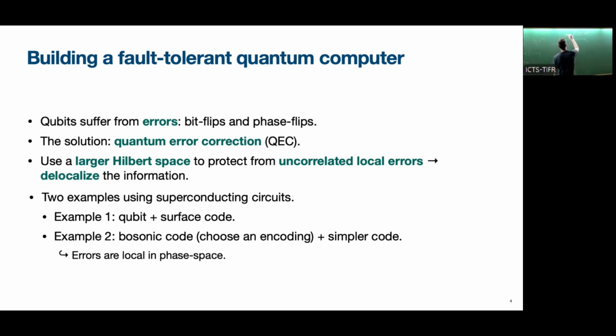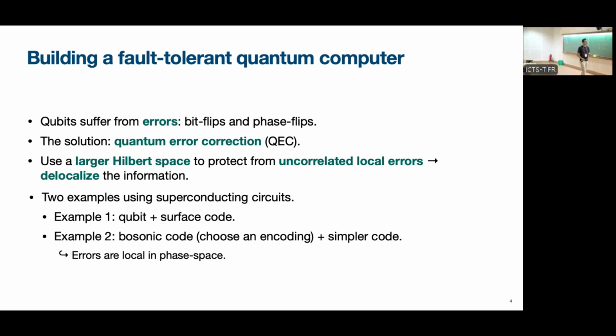All the error processes we know or work with for these harmonic oscillators are local in phase space. So a, maybe a dagger, maybe dephasing, all of this acts locally in phase space. So the idea of bosonic codes is to encode the information non-locally, to delocalize this information in this larger Hilbert space. And then, because you're correcting directly at the qubit level, you can use simpler codes after.